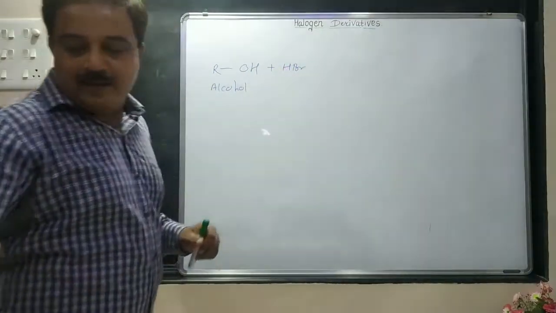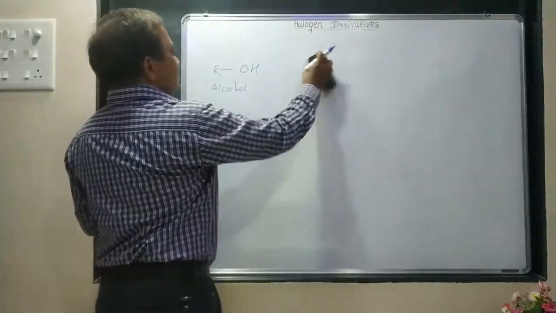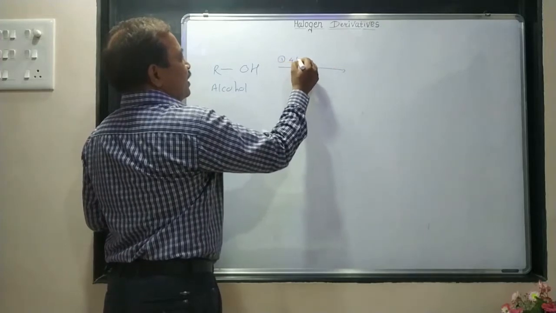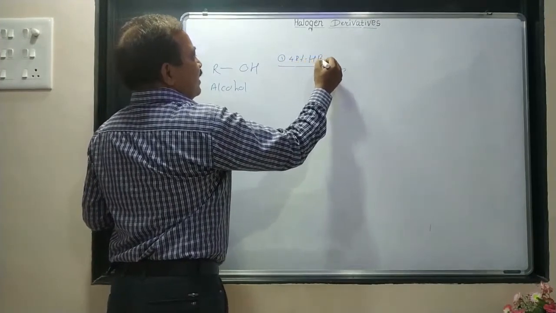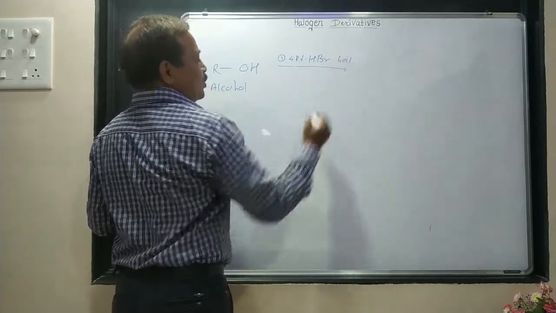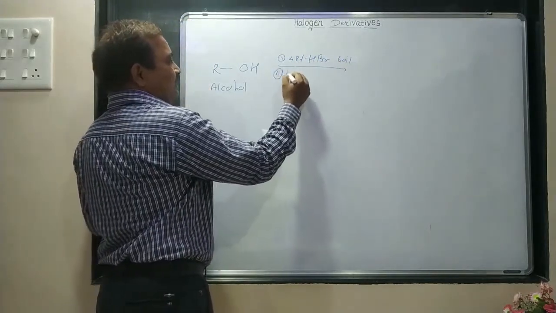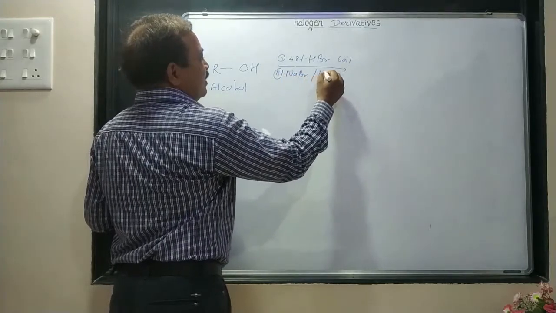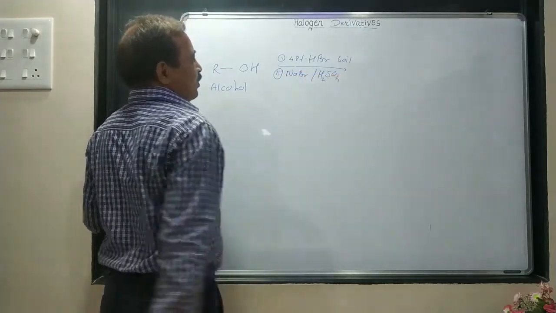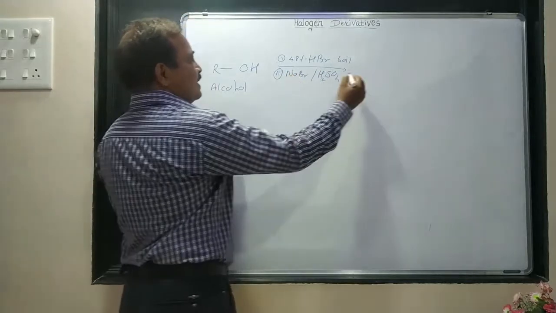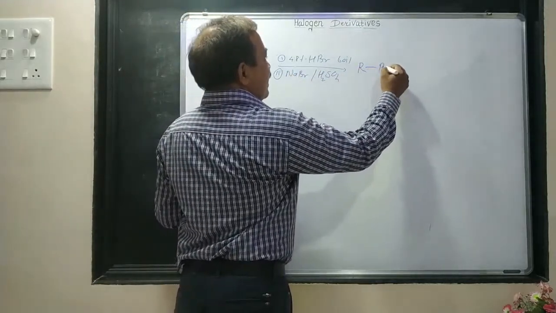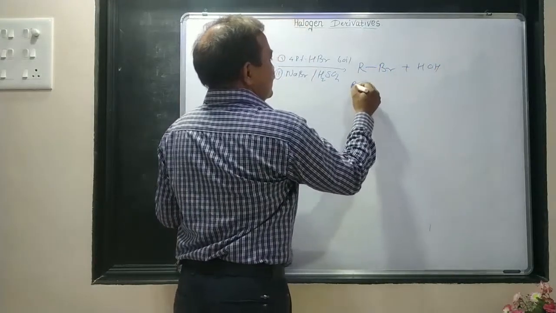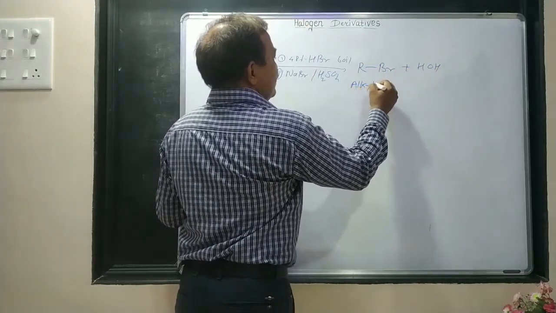I have two conditions for this. The one condition is 48% HBr, which we have to boil constantly. The second is that I can take NaBr in the presence of H2SO4.